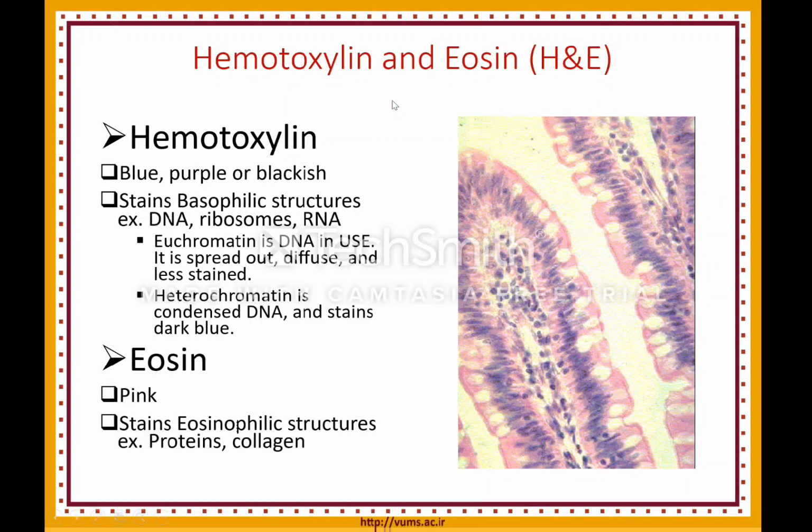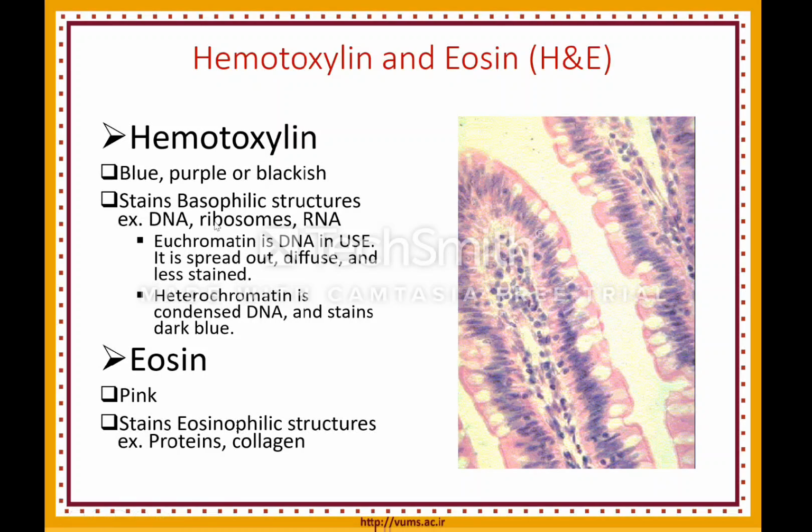Hematoxylin and eosin is a general staining used in histology. Hematoxylin has a blue, purple, or blackish color. It stains the basophilic structures of the cell, such as nucleic acids, deoxyribonucleic or ribonucleic acid, and ribosomes.